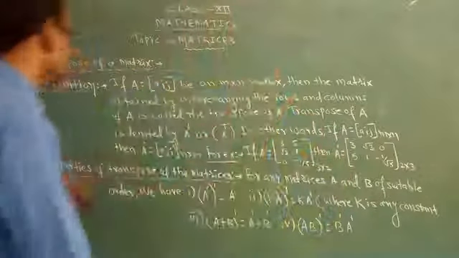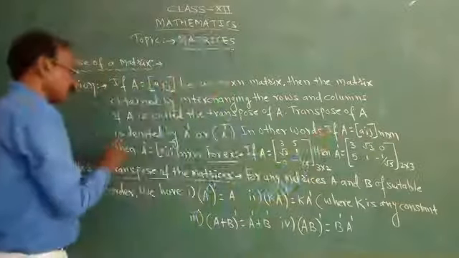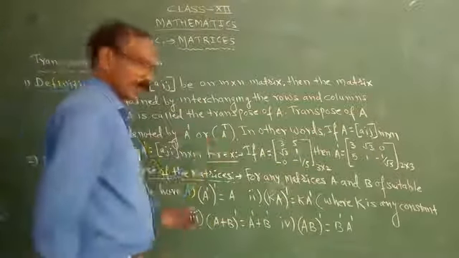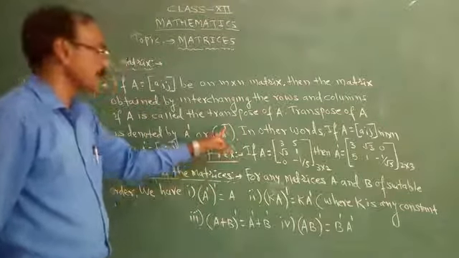That is the definition. The transpose of a matrix is denoted by A dash or A^T.